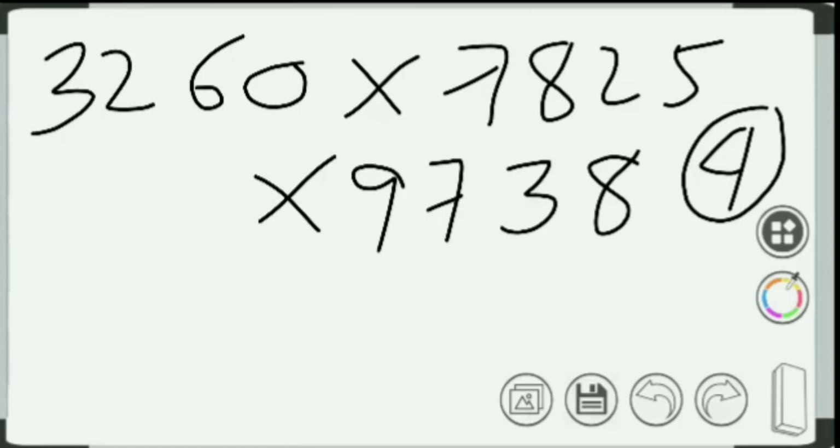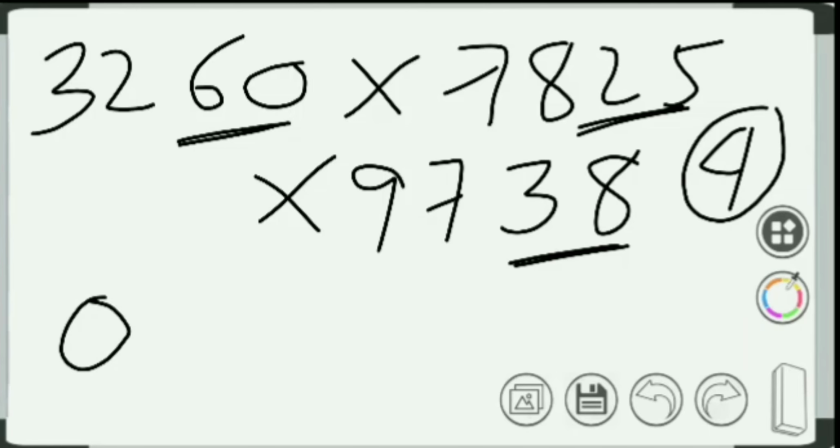For divisibility by 4, we just take the last 2 digits of every number and divide by 4. When 60 is divided by 4, the remainder is 0. When 25 is divided by 4, the remainder is 1.